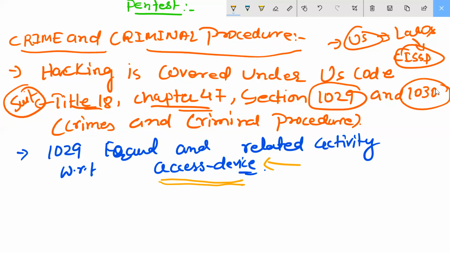Unauthorized access, that word itself is telling you about 1029, fraud and related activity with respect to access device. That means you are checking the vulnerability and then going inside the access device. That means you are not authorized to go to any company and open the vulnerability. Doing penetration testing is not allowed anywhere.